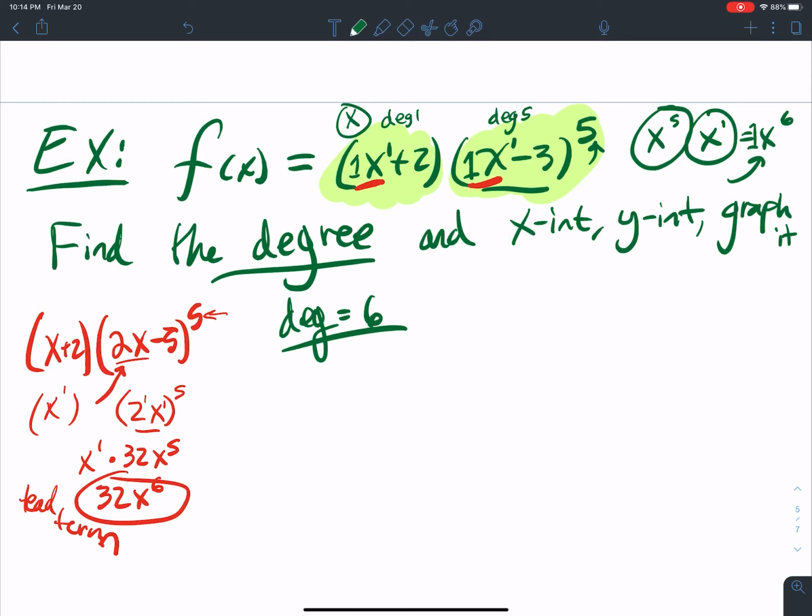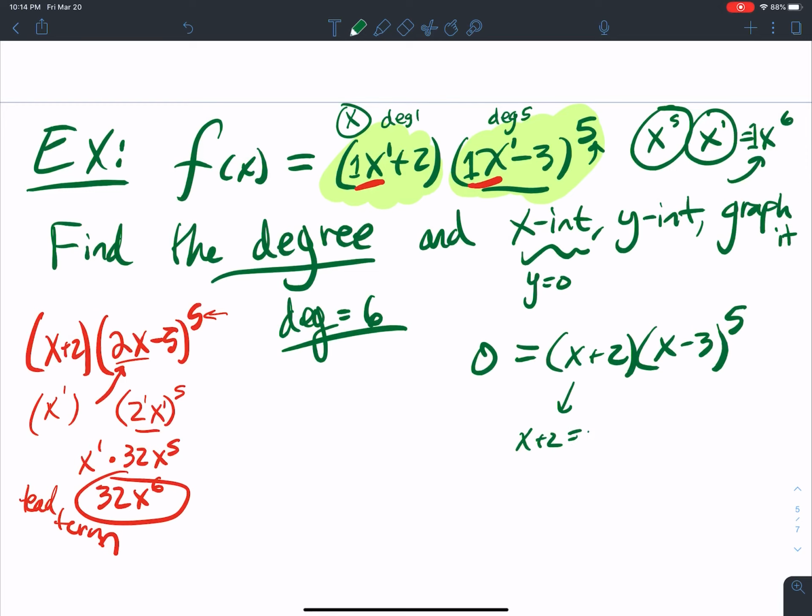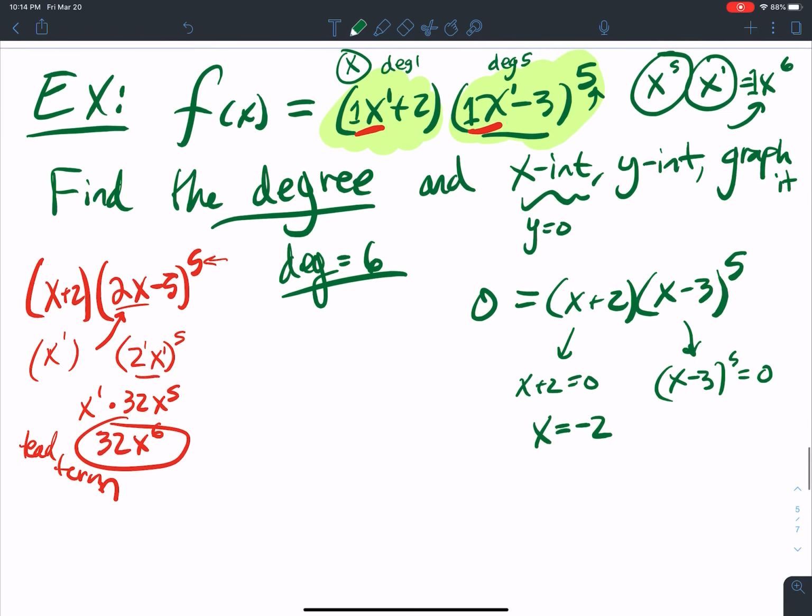All right, so x-intercepts. I set y equal to 0. So that means 0 equals x plus 2 times x minus 3 to the 5th. So that means x plus 2 equal to 0 and x minus 3 to the 5th equal to 0. So x equals negative 2 is a 0.